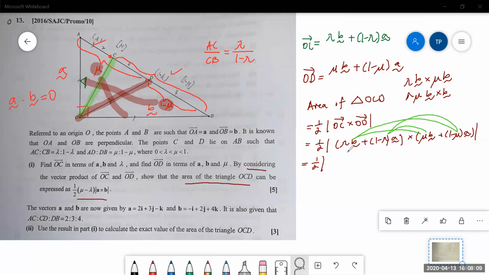So we are going to omit those and just write those that really matter, which is lambda times 1 minus mu, B cross A, plus the other one will be 1 minus lambda times mu, A cross B.